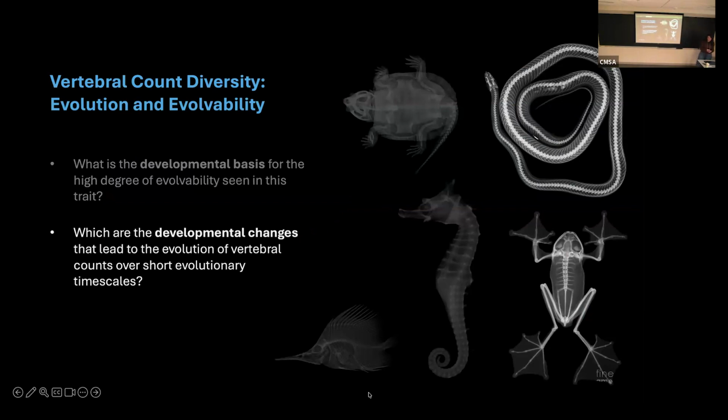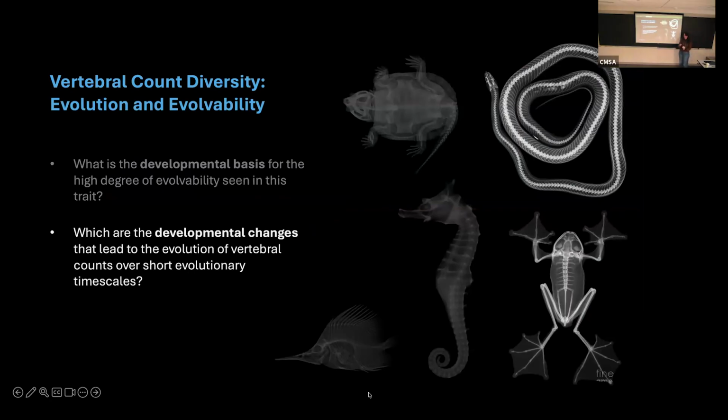But now we wanted to see what happens in practice. To do that, you need to look at the developmental basis that leads to the evolution of vertebral counts over short evolutionary timescales.